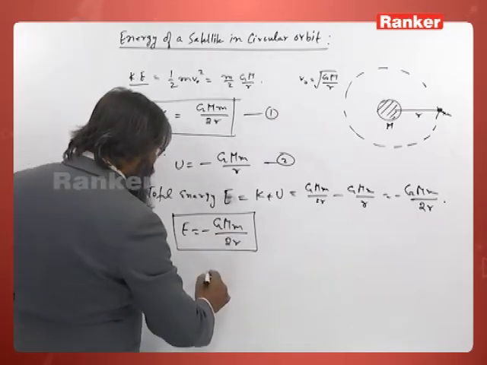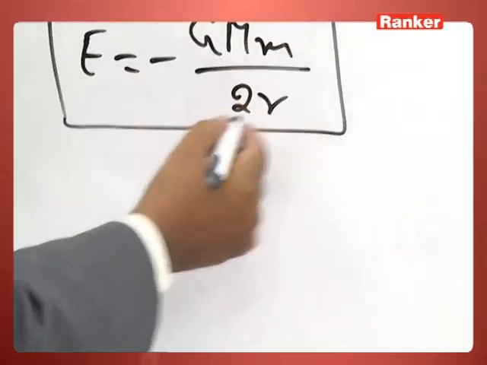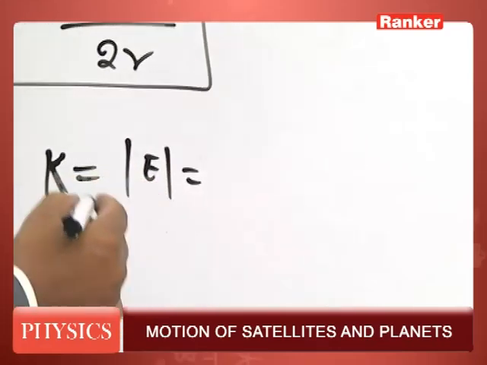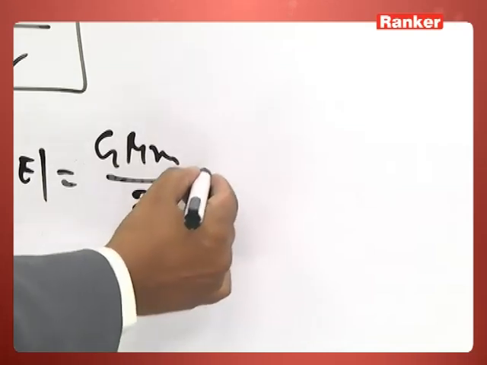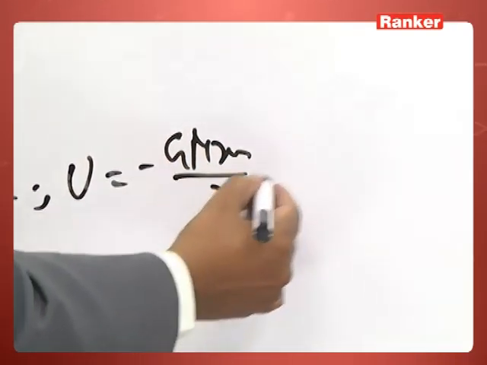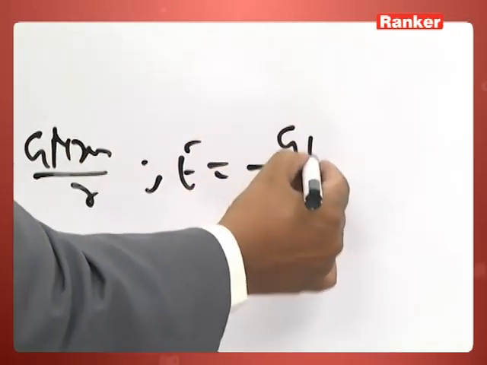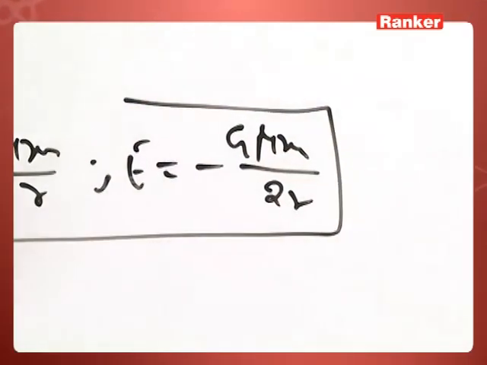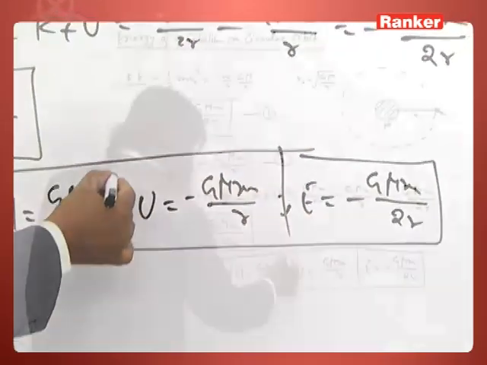So, let us summarize the expressions. K is equal to modulus of E, that is G M m by 2r. U is equal to minus G M m by r, and the total energy is negative, minus G M m by 2r. All three expressions are very important.